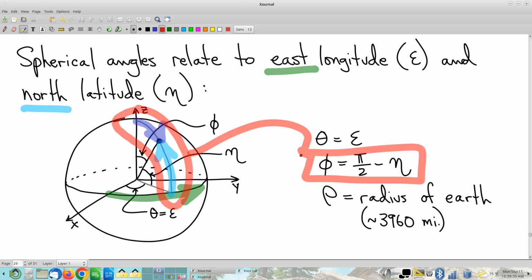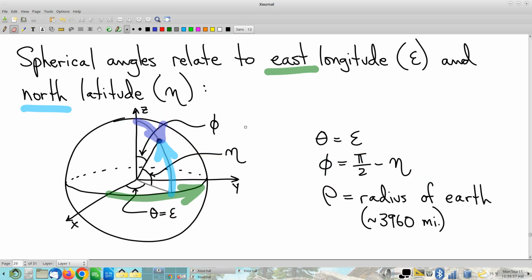And again, you can see it in the picture, right? The further north you go, the greater your latitude is, the lower your phi is, and the further south you go, the greater your phi is, and the less your latitude is, and they just always add up to this same constant value. So nice, easy relationships between these variables and map coordinates, longitude and latitude.